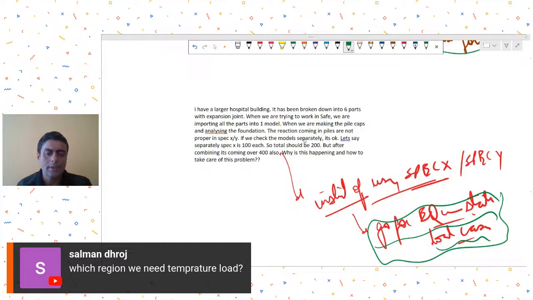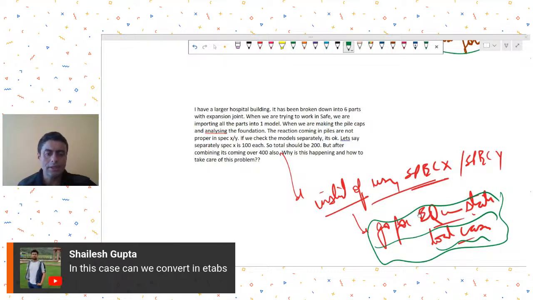If you go with equivalent static, you don't have to bother about the detailed mathematical combinations that the software does based on dynamics for different modal cases. You will be saved from that issue, and equivalent static will be much easier to combine. So this would be my suggestion to you.